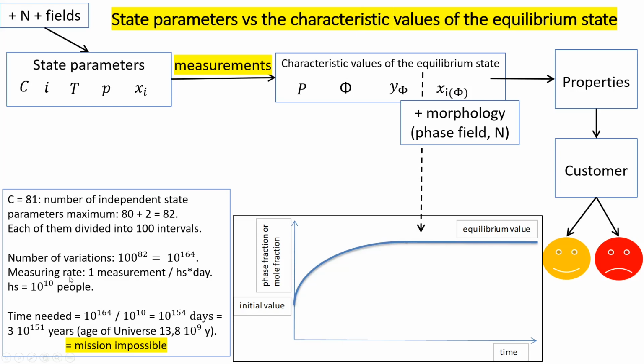But now let me go on with my example. Let me estimate in a very optimistic way what the measuring rate is. So, being very optimistic, I say that one person, HS for Homo sapiens, per 1 day can perform one measurement. It is very, very optimistic, because what does it mean?